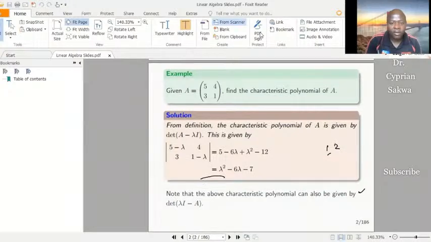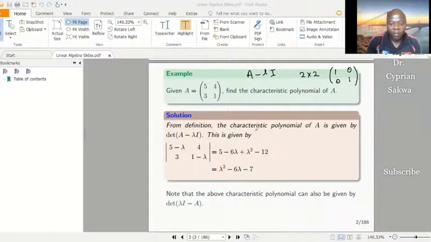My first example is here. It says, given matrix A, find the characteristic polynomial. From our definition above, we want to take this matrix A and subtract from it lambda I, where I here is a 2 by 2 identity matrix, which is 1, 0, 0, 1.